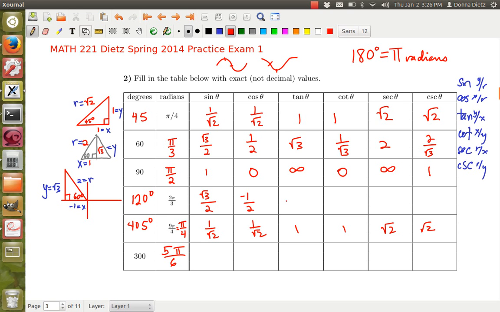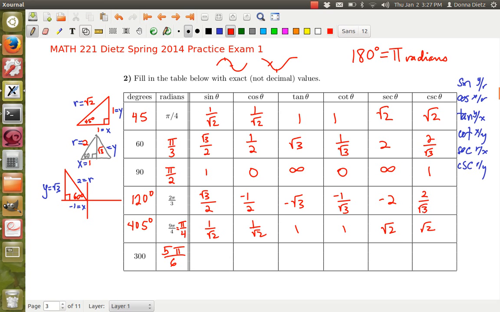And then you have to figure out which of these get changed, because tangent comes from sine over cosine, so it's going to just get a negative sign. And cotangent is reciprocal of tangent, so it's going to get a negative sign. And let's see, secant is the reciprocal of cosine, so it's going to get a negative sign. Cosecant is not going to get a negative sign.